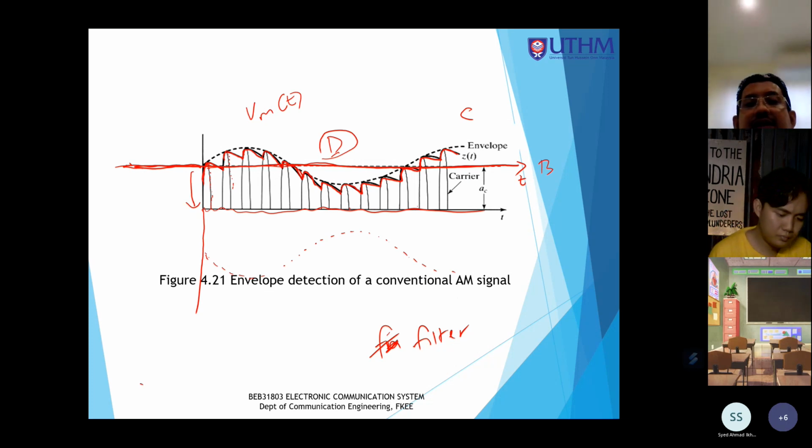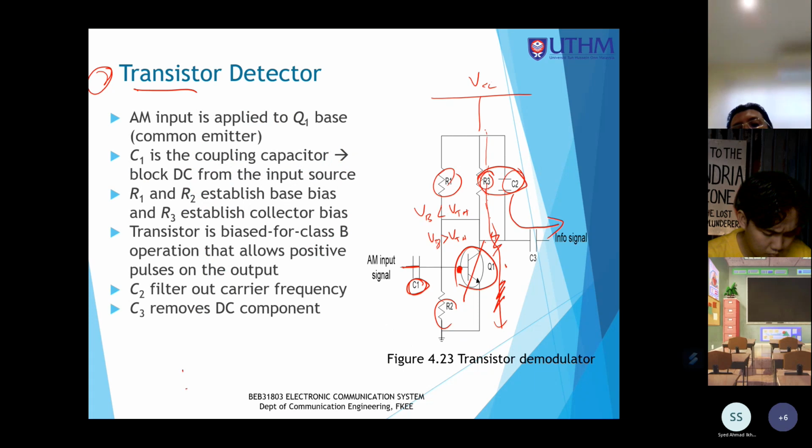Okay, sehinggalah kita dapat VMT, sine wave yang akhir. Okay, so bentuk gelombang outputnya konsepnya sama seperti yang telah saya tunjukkan tadi. So this is a transistor detector. Okay, remember we want to produce the original VMT signal.